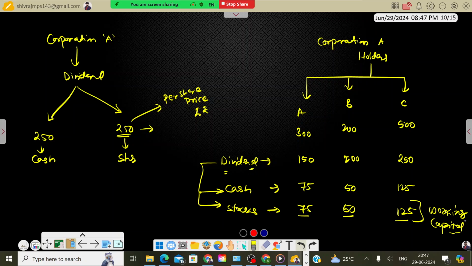This particular type is very famous in the US, UK, and other countries apart from India. In India you would hardly see such events, but in the US or other countries you would continuously see companies announce this type of event, which you can call CSO, cash and stock option events.